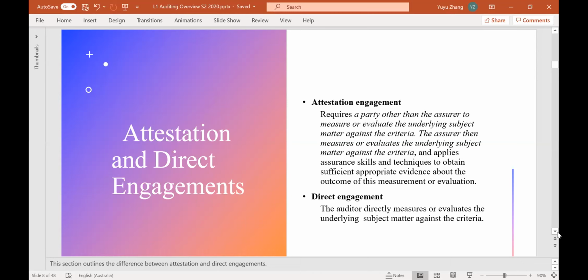In the latter example, that is attestation, because the management has already measured the subject matter against the accounting standards. And then you as the auditor come to evaluate the subject matter again and also provide additional assurance on that.